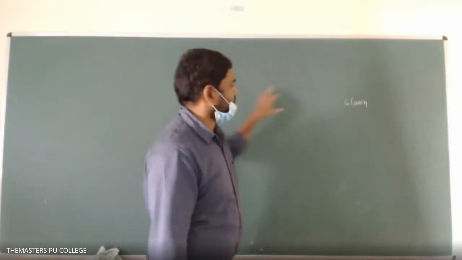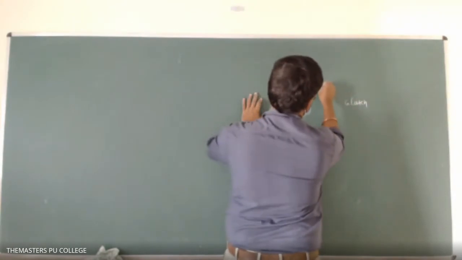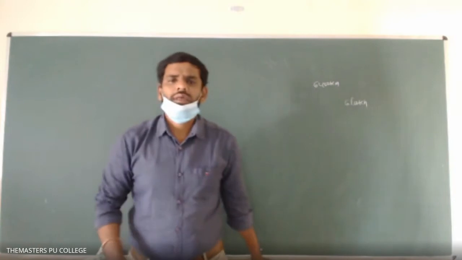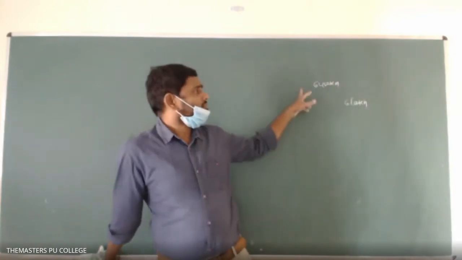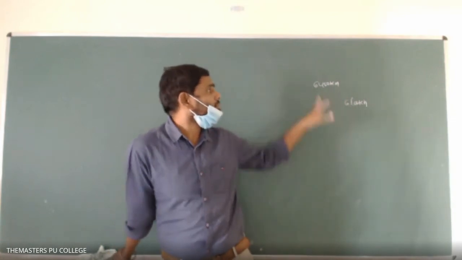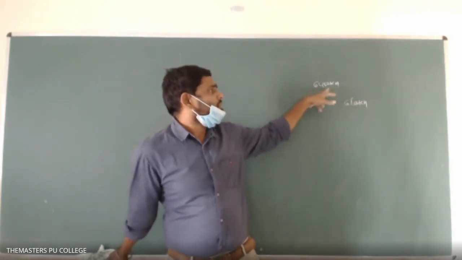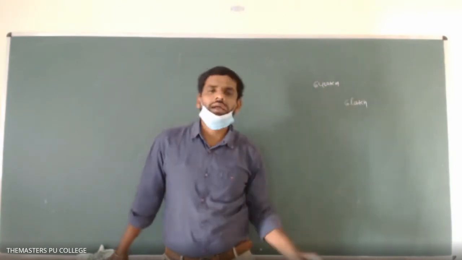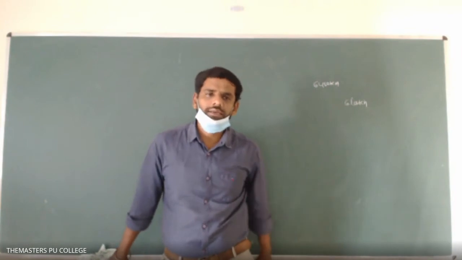The radius of the earth is 6,400 kilometers, so if we go about 6,400 kilometers down from the surface, we find the temperature is around 6 lakh degrees Celsius.